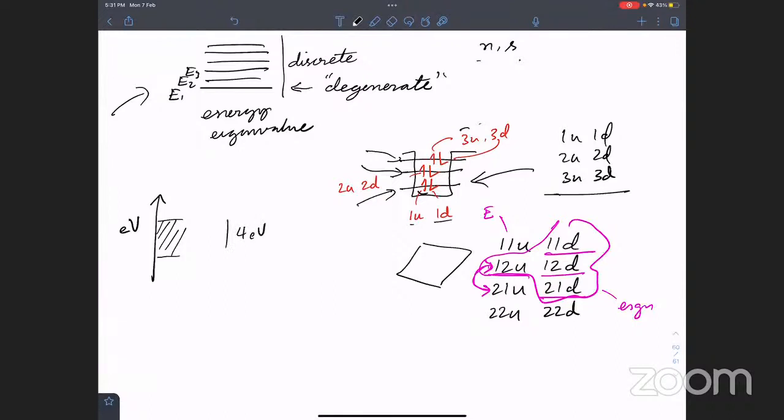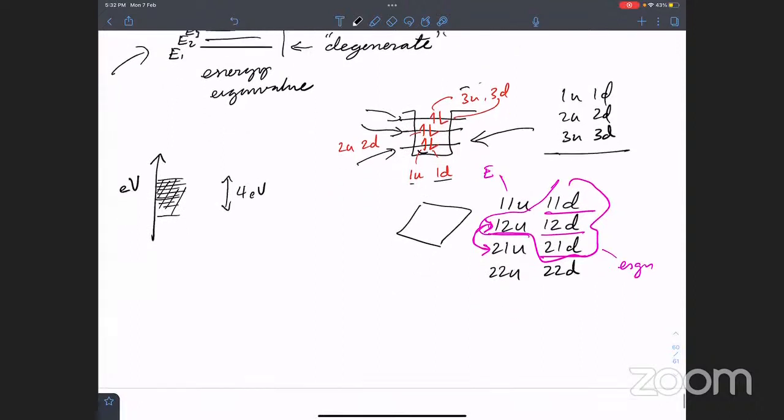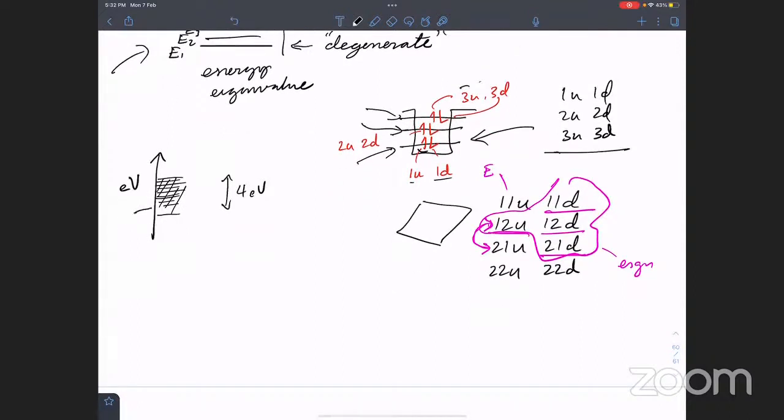Okay, we are interested in this energy range. And within that, there's usually a very large number of states. So we are generally not interested in what is the exact energy of a given state. That is less important. What is more important is what is the density of such states.